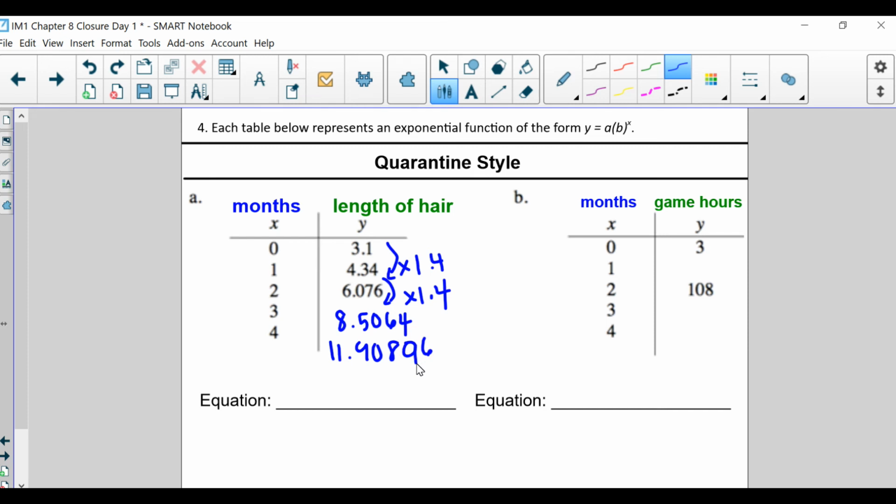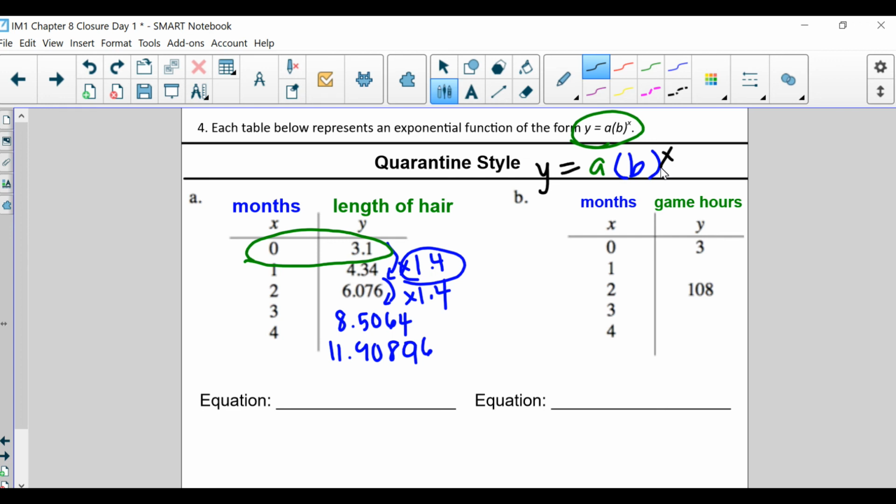All right, and what is your equation? Well, our equation is based on this generalized formula where we know y is equal to a, being our y-intercept, this guy, and then b is our multiplier, which is this guy, and we raise it to the x power because we want to use it for any month value and to find out the hair length.